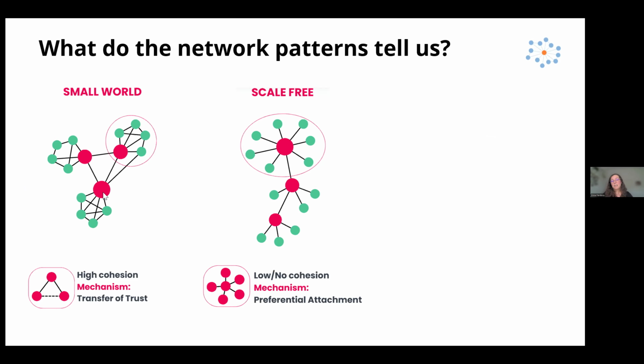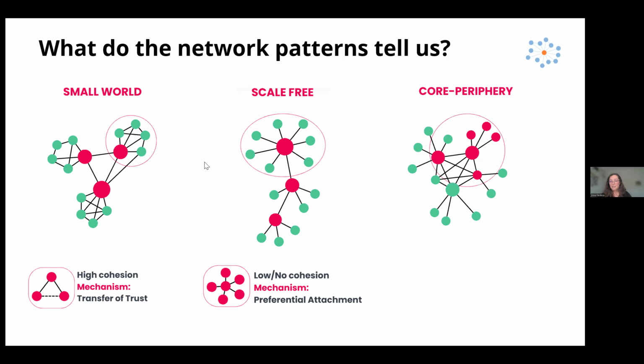So scale-free networks get us into a situation of a Matthew effect, where the rich get richer. There's also the problem that there's very low cohesion in scale-free networks. So the audience of a particular hub does not interact with one another. That creates dependence in information flows and other things within the network.